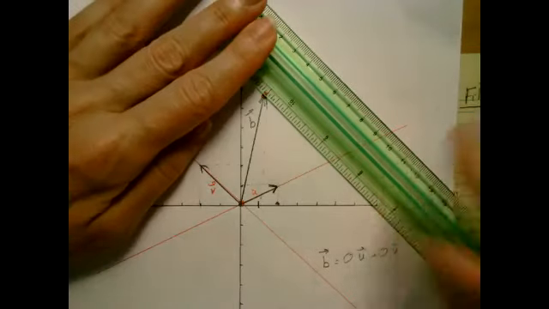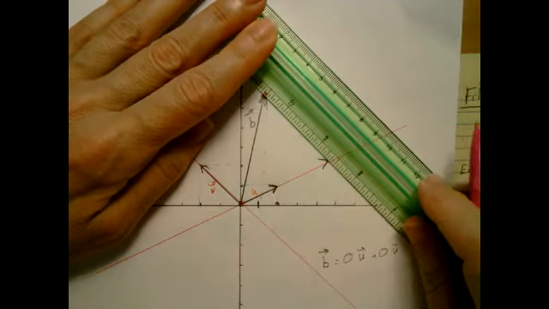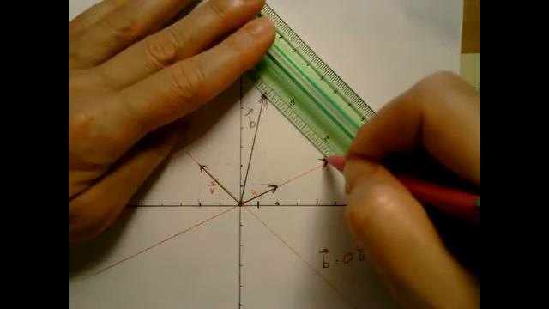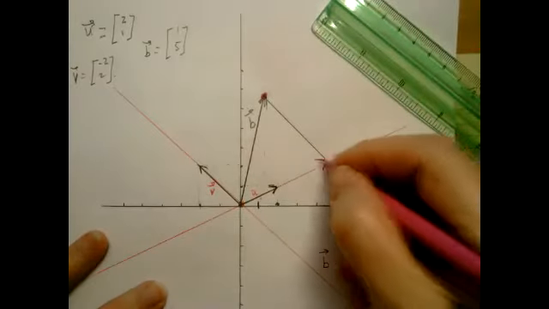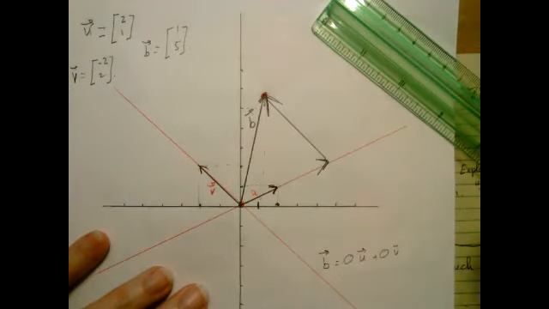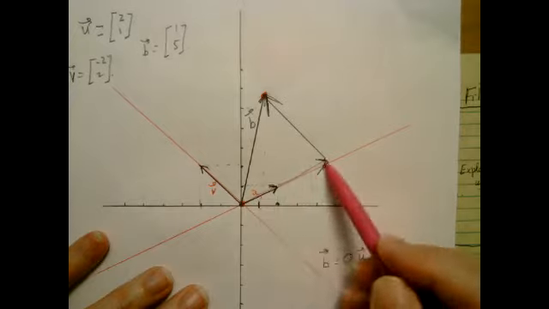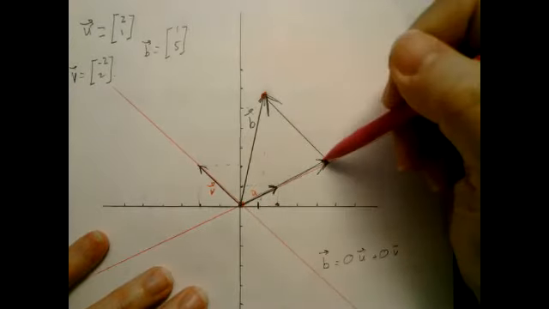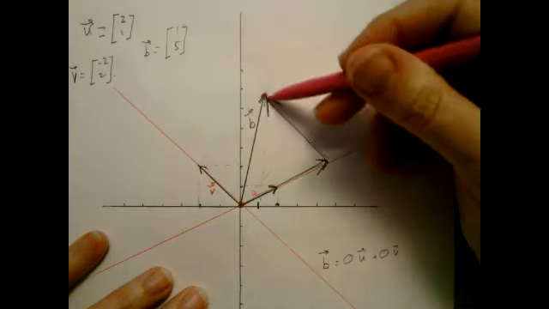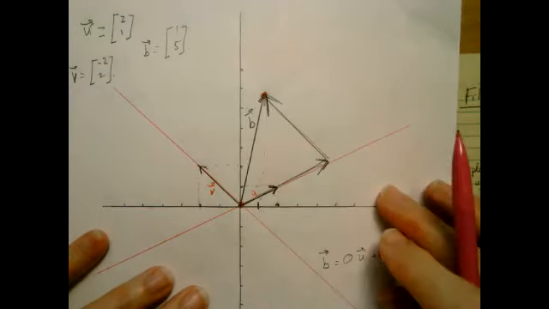I go up to here, almost, my picture is a little bit off, and then I go parallel to V, in the direction of B, and I can hit the vector B. That's really what we are doing: can you put a weight on U, move a little bit in the direction of U and a little bit in the direction of V, and hit the vector B. The answer for this particular problem, algebraically, was yes, and geometrically it's also yes.